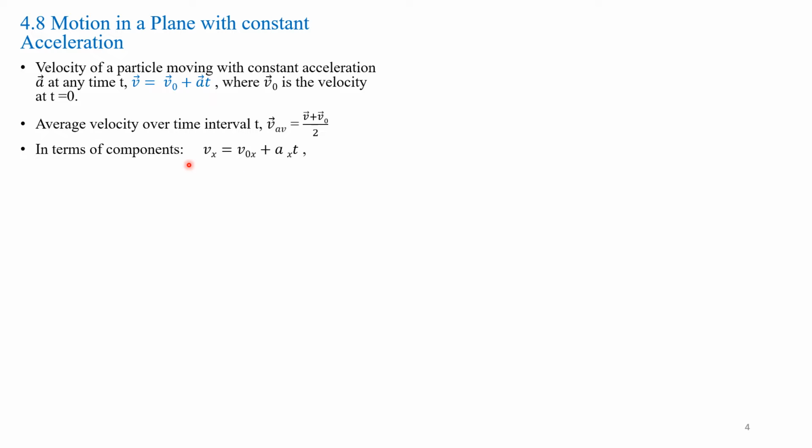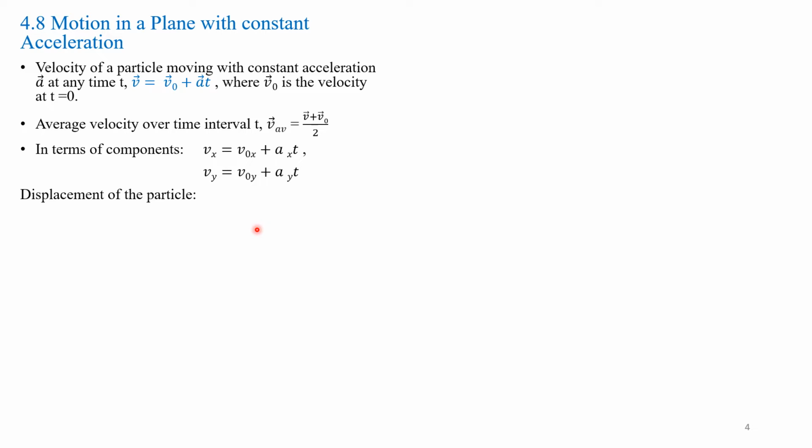In terms of components, we have split the velocity into the x direction and the y direction. Therefore, Vx is equal to, using this equation, V naught x plus ax t. And similarly, in the y direction, Vy is equal to V naught y plus ay t.